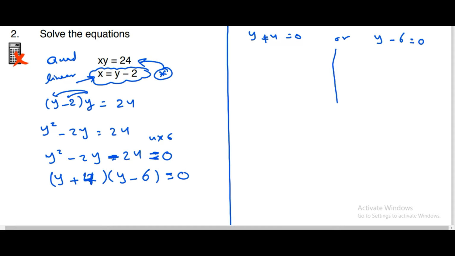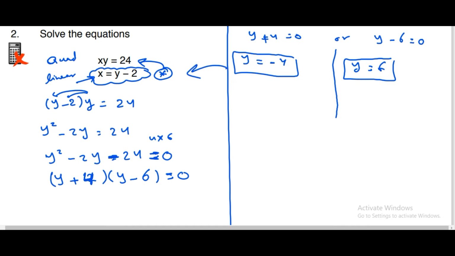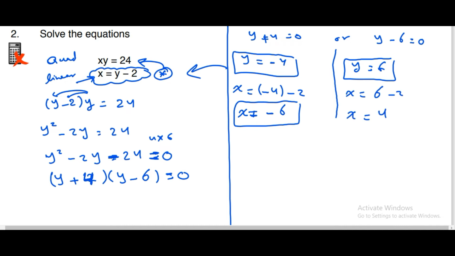We have two values for y, so we have to get two values for x. In star, as we said, x = -4 - 2, so x = -6. Here x = 6 - 2, so x = 4.